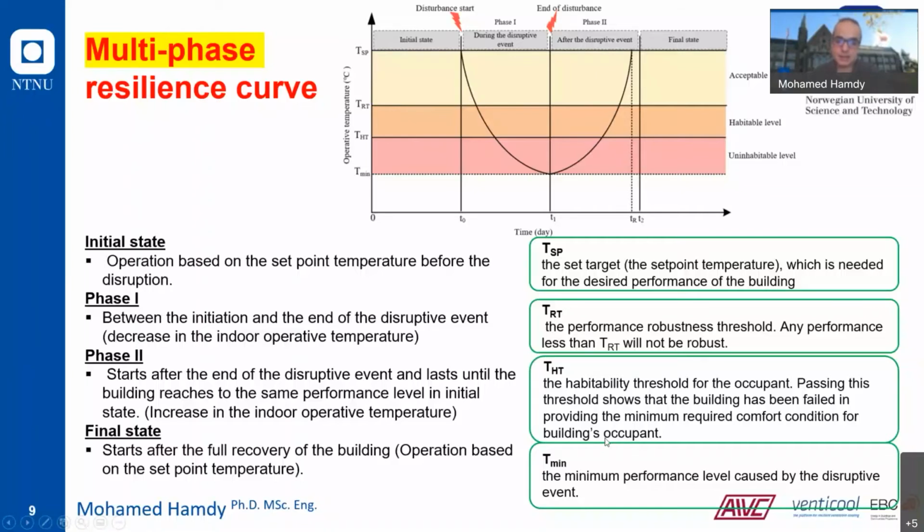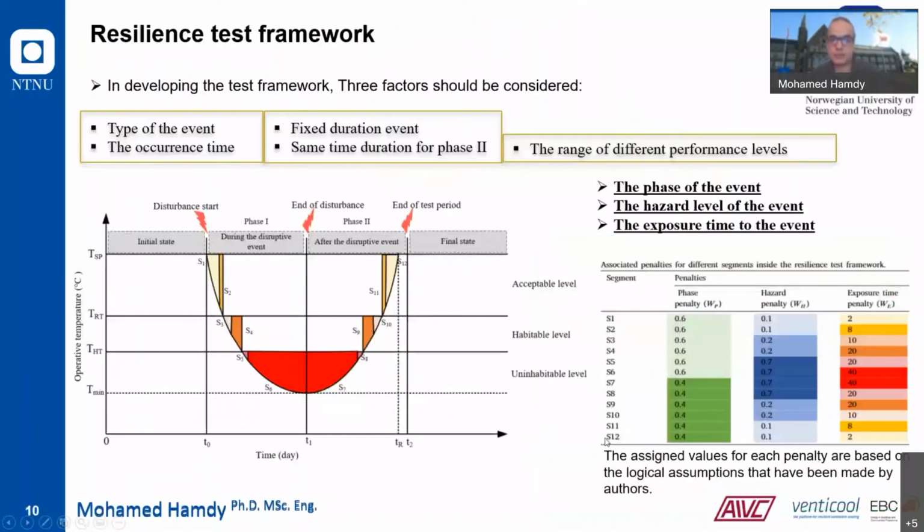And at different phases. So the most important thing in assessing resilience with the framework is not just the degradation of performance to this limit or that limit, but also the exposure time at each step, how long it takes. The first part is exposure to the event, where people may be okay, but if the time is extended to segment 2, people suffer more.